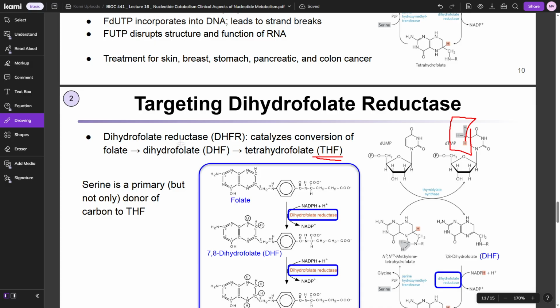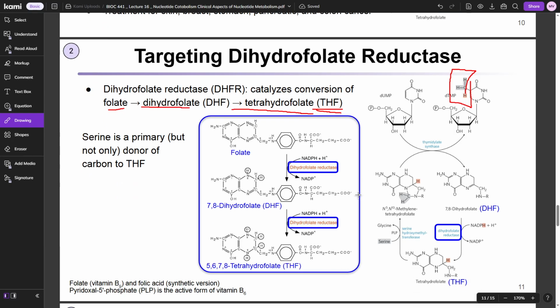What happens with this enzyme, dihydrofolate reductase, is it catalyzes the conversion of folate, which is what I talked about before with women in pregnancy, remember? Why women tend to take folate supplements. So you take folate, and it turns into dihydrofolate, and then turns into tetrahydrofolate, which hopefully should make sense. It's a reduction because you're adding H's on there, and H's add extra electrons.